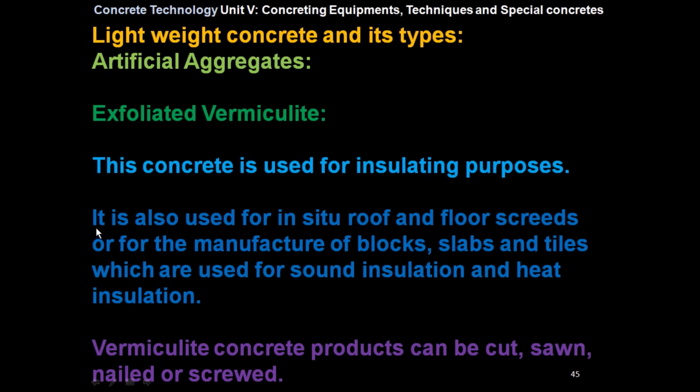It is also used for in situ roof and floor screeds or for the manufacture of blocks, slabs and tiles, which are used for sound insulation and heat insulation. Vermiculite concrete products can be cut, sawn, nailed or screwed.